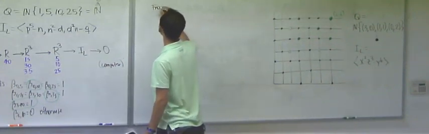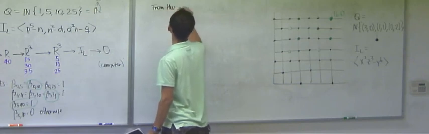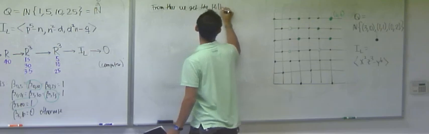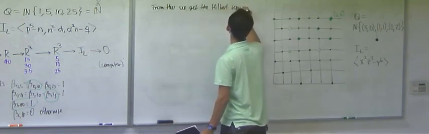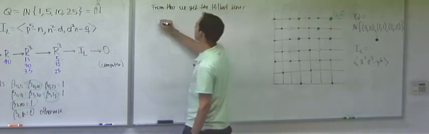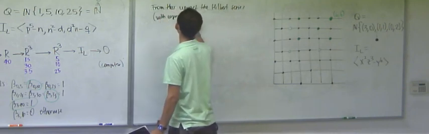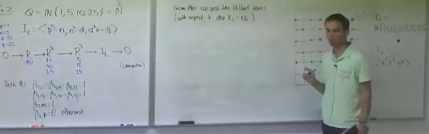So from this, we get the Hilbert series. Where here is with respect to the grading where xi has degree ai.